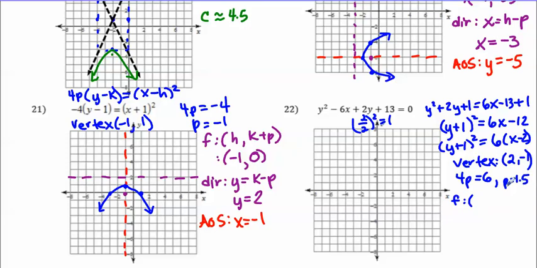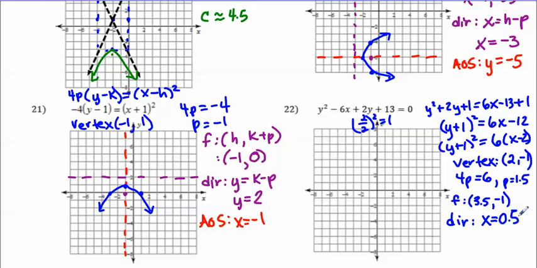So 2 plus 1.5 is 3.5, and keep my negative 1 here. For my directrix, it's going to be x equals 2 minus 1.5, so it's going to be 0.5.